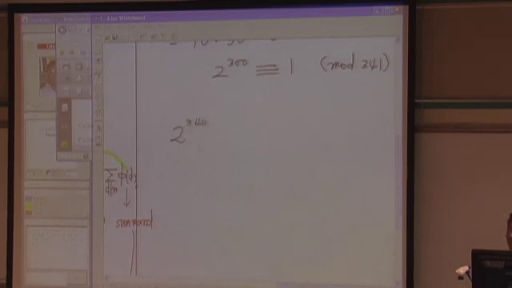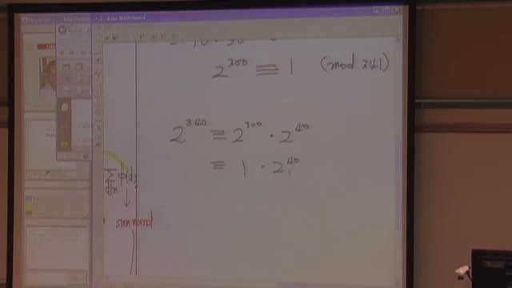This is the problem, right? Three forty. Then 2 to the power of 300 multiplied by 2 to the power of 40. And then 2 to the power of 300 is congruent to 1. And then 2 to the power of 40.